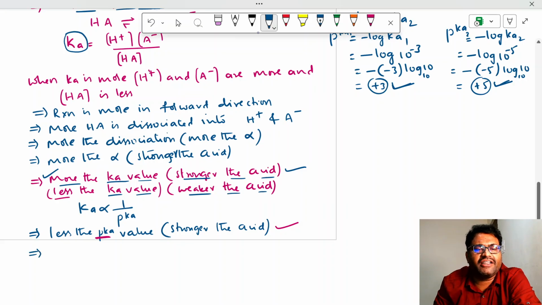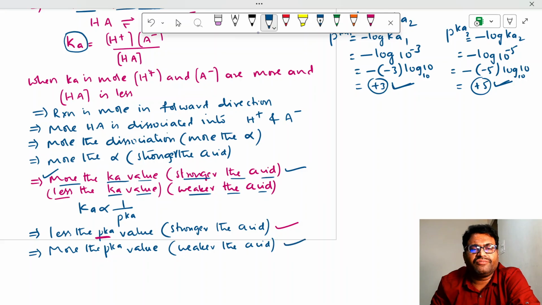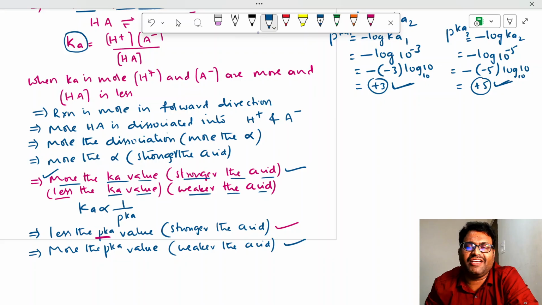Then from that I can write that the more the pKa value, the weaker the acid. So cumulatively we can say that the more the alpha, the stronger the acid; the less the alpha, the weaker the acid. The more the Ka value, the stronger the acid; the less the Ka value, the weaker the acid. The more the pKa value, the weaker the acid; the less the pKa value, the stronger the acid.